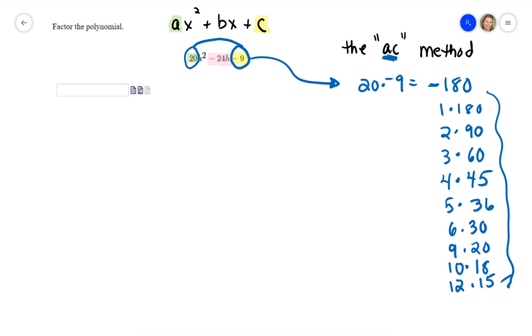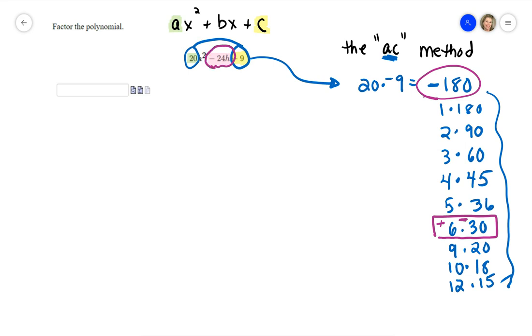And since this is a -180, one of these numbers has to be positive and the other one has to be negative, and they have to have a difference of 24. And the winning pair is 6 and 30. If I had a +6 times a -30, that would give me the -180. And if I added a +6 and a -30, that would give me a -24.